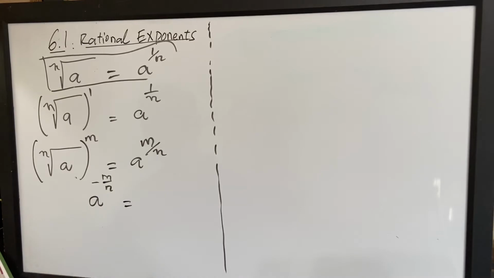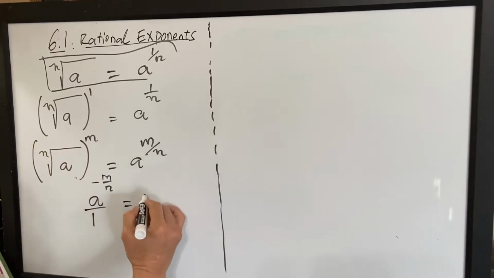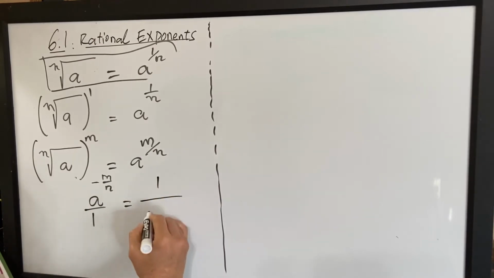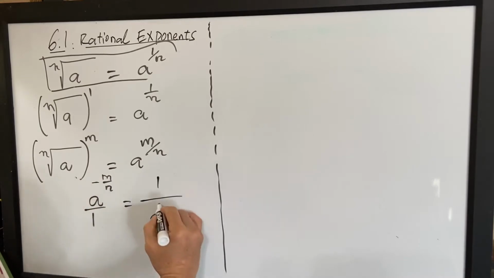Well, we learned from the other chapter to bring the exponent to the positive. Since you have a negative, understand that as 1, and now you just bring the exponent down to the denominator. This is equivalent to 1 over A, and now the negative turns into a positive.